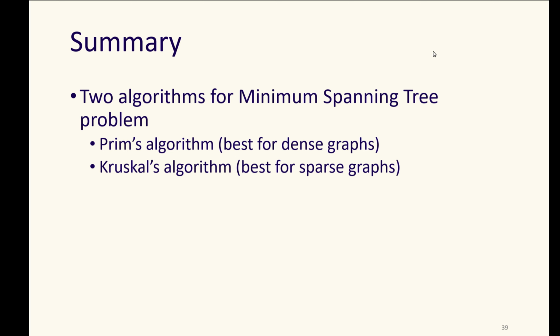So it includes all the vertices and some connection between all of those vertices. That's the lowest cost among all of those connections.